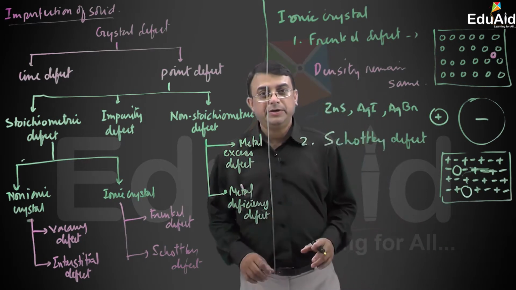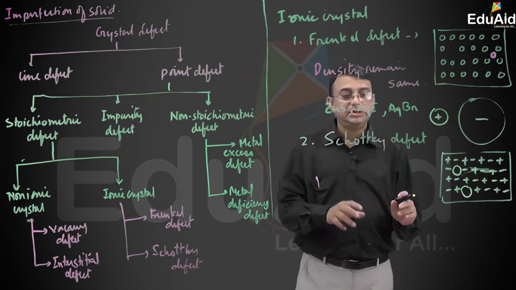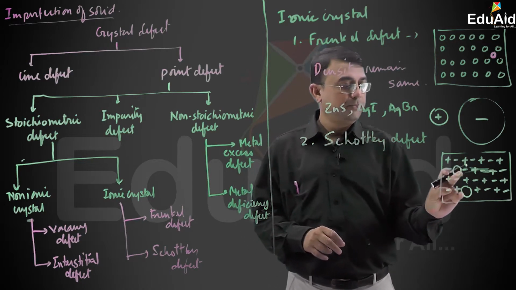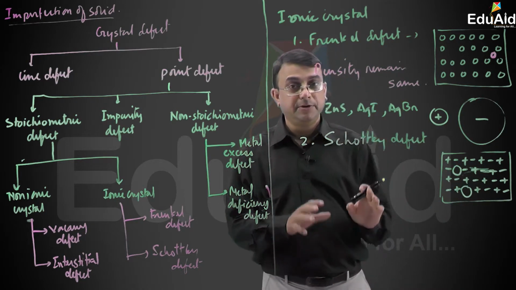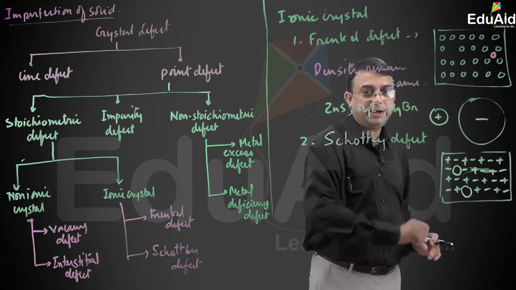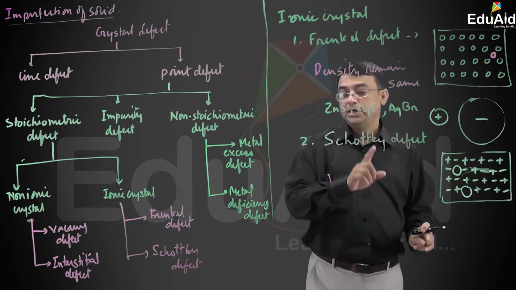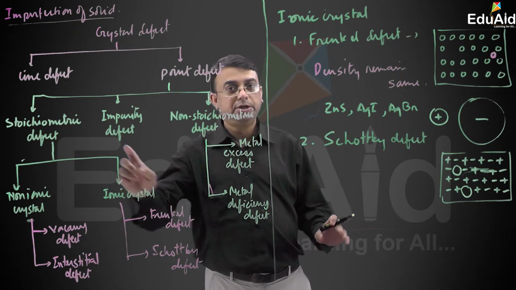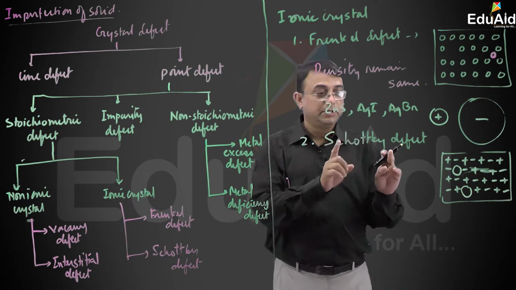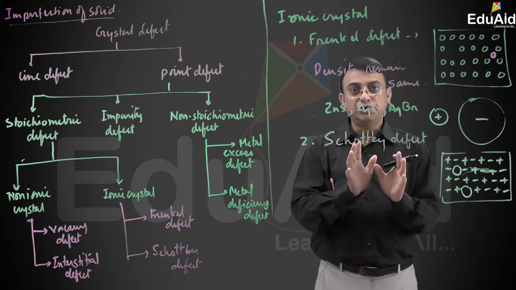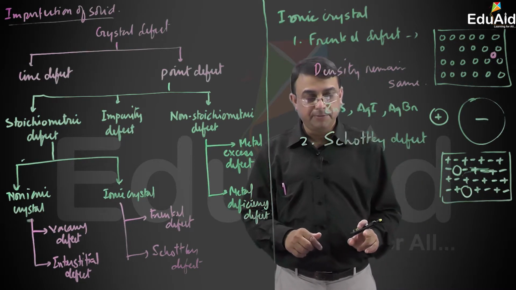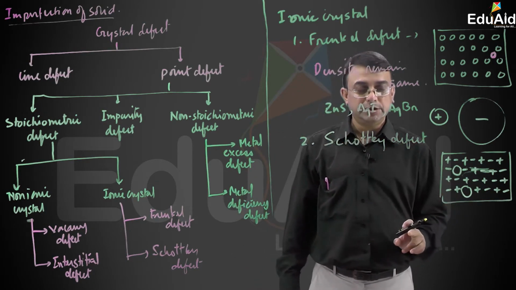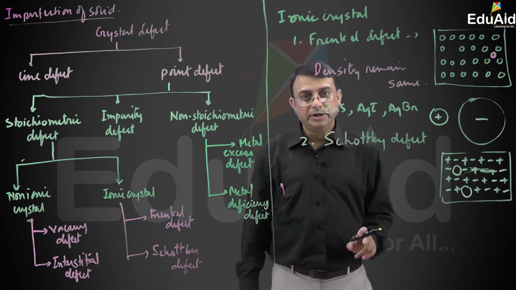This type of defect is found in those types of solids in which an equal number of cations and anions are missing. Why does an equal number of cations and anions have to be missing? Because due to such defect the stoichiometry must be maintained. The ratio between cation and anion has to be maintained. So an equal number of positive and negative charges is missing.